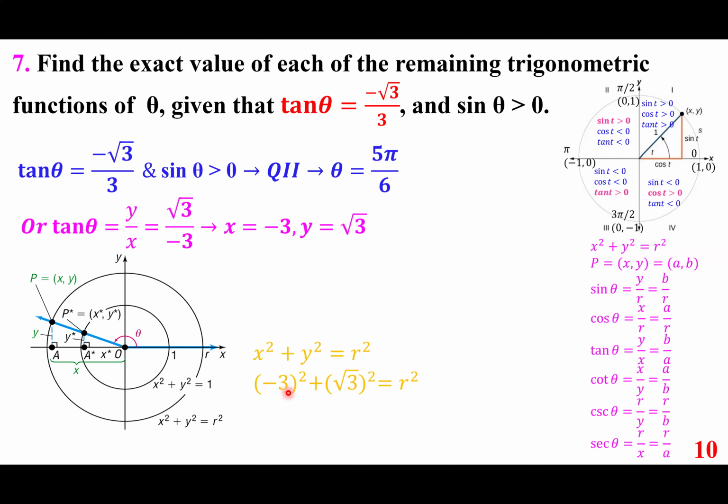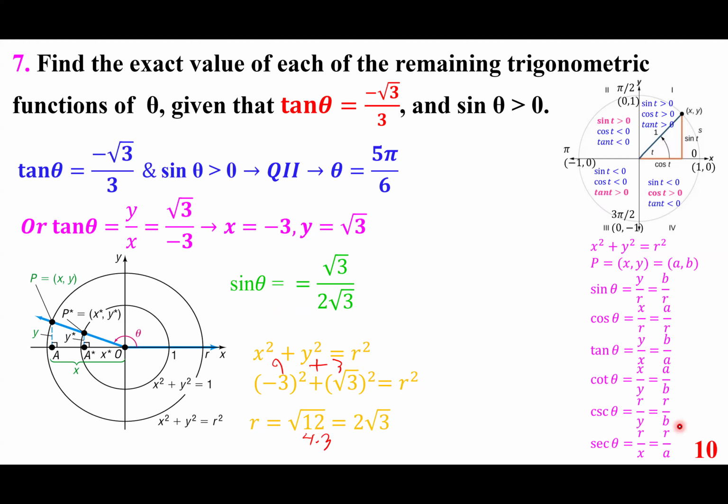This gives you 3 squared, the same as 9. Negative or positive makes no difference. This is 9, this is 3, so it's 12. So r is square root of 12. As you know, 12 is 4 times 3, so it's 2 square root of 3. Now that you have x, y, and r, just plug in.